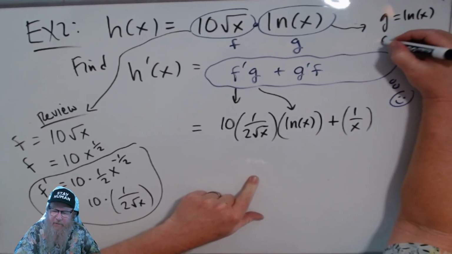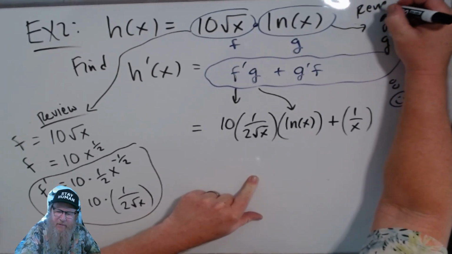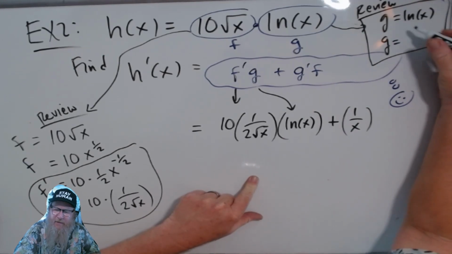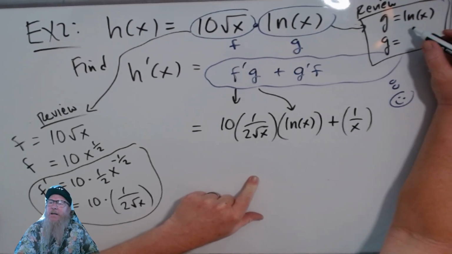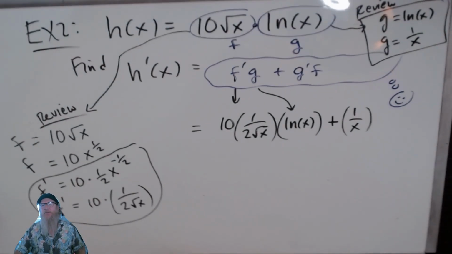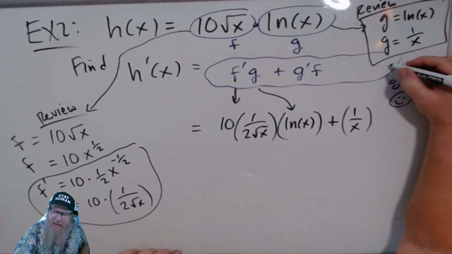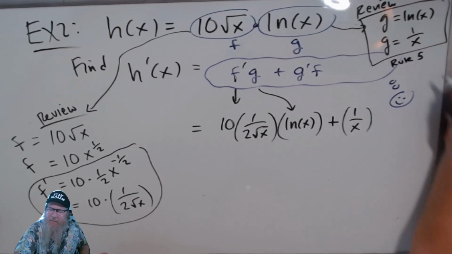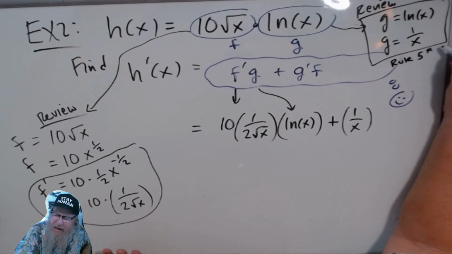So let's do another review. This was just one of those rules. If g is ln of x, then the derivative of ln of x is just 1 over x. I think it was rule number 5. Or maybe I called it rule number 5 star.